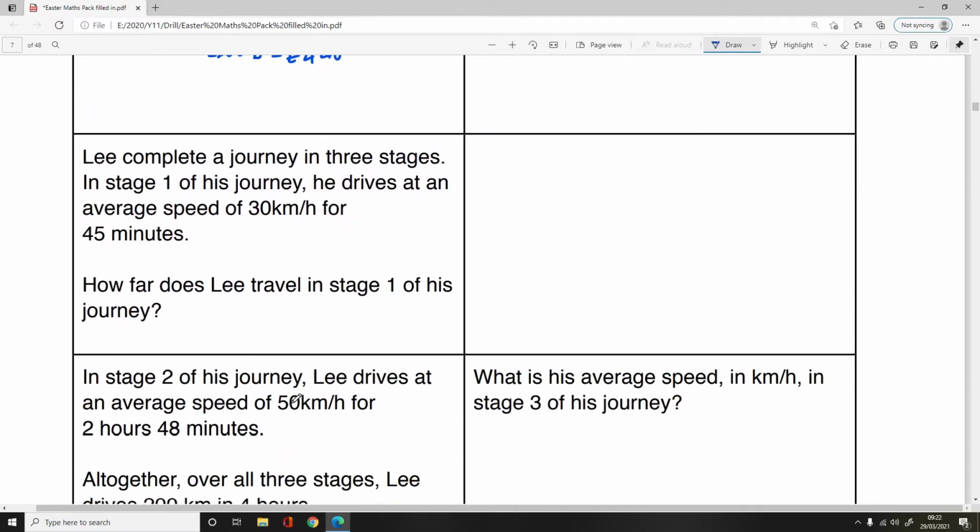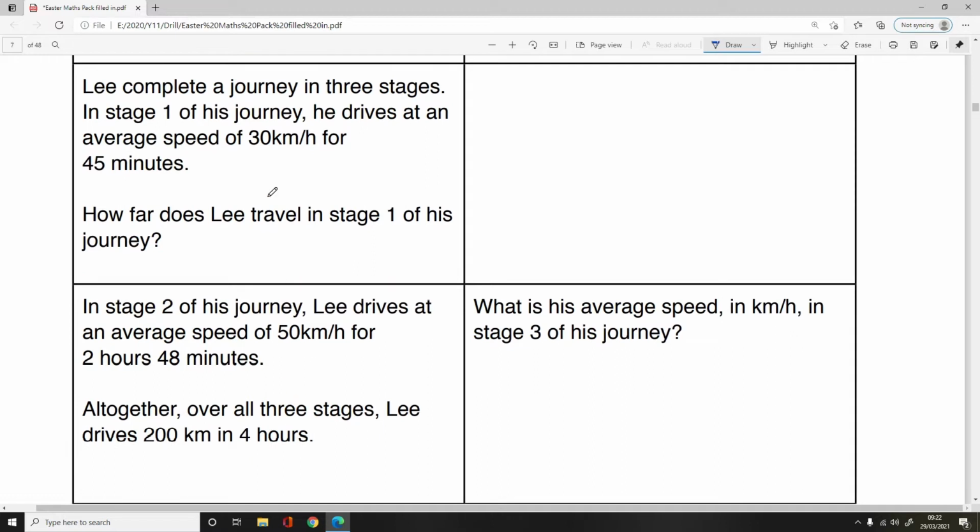Okay. Next, we've got what looks like distance, speed, time. Again, you want to remember the triangle. The information we've got is 3 stages, and there are some extra bits. In stage 1, he drives at an average speed, so that's our speed, for 45 minutes. The issue here is that the units don't match up.